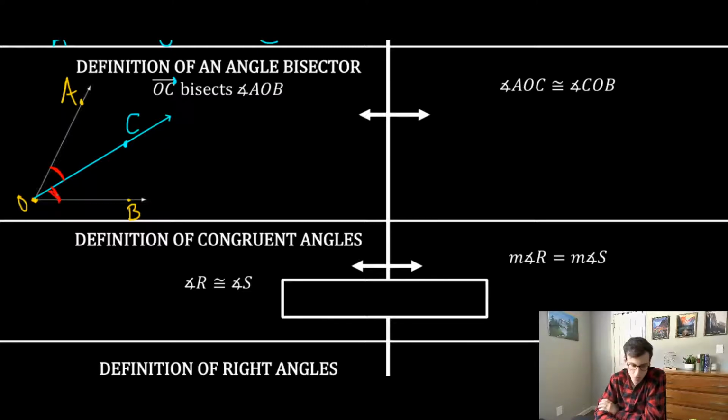It should be a little more curved. It's not really going super well for me. Okay. There we go. AOC is congruent to COB. And that's the definition of an angle bisector. And if I know that those two angles are congruent, then I know that OC bisects AOB. Hopefully that makes sense.